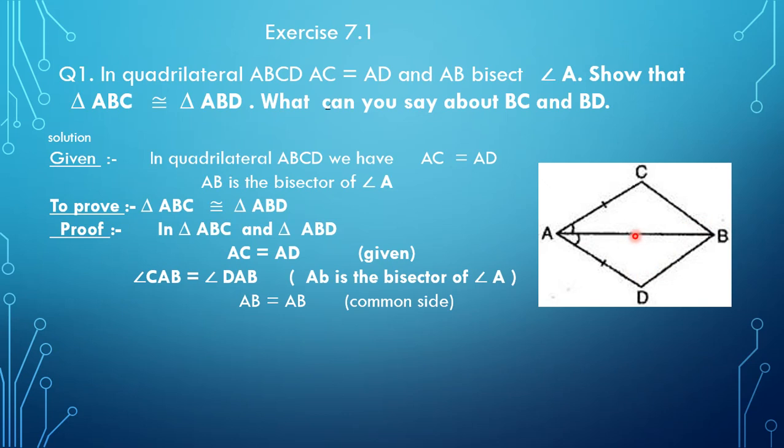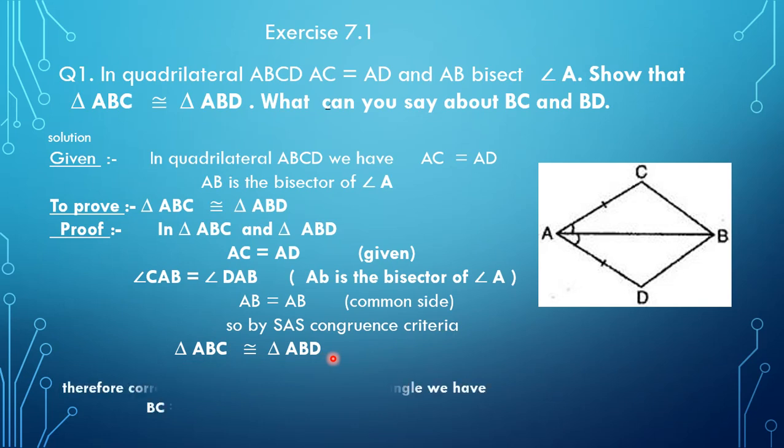So we have SAS. By SAS congruence criteria, triangle ABC is congruent to triangle ABD. And as the triangles are congruent, by corresponding parts of congruent triangles, BC is equal to BD.